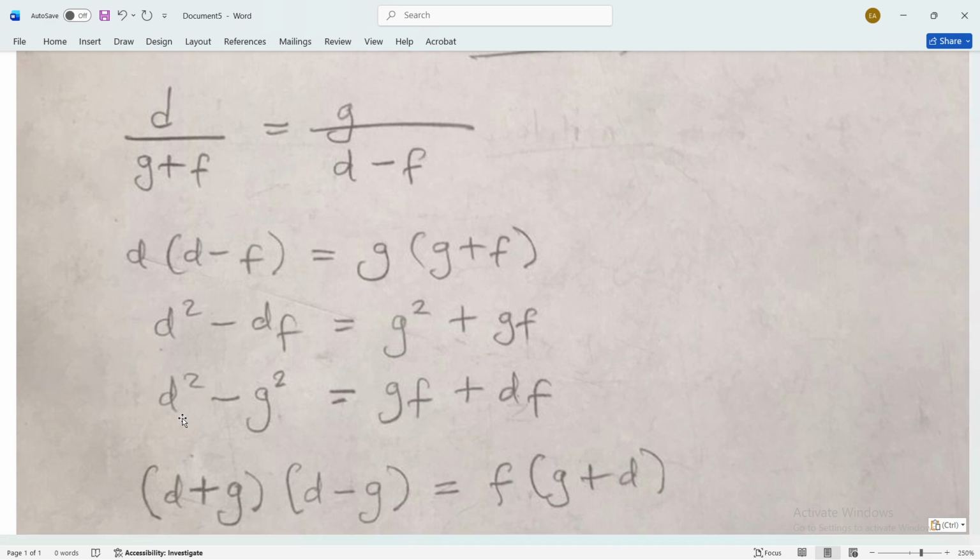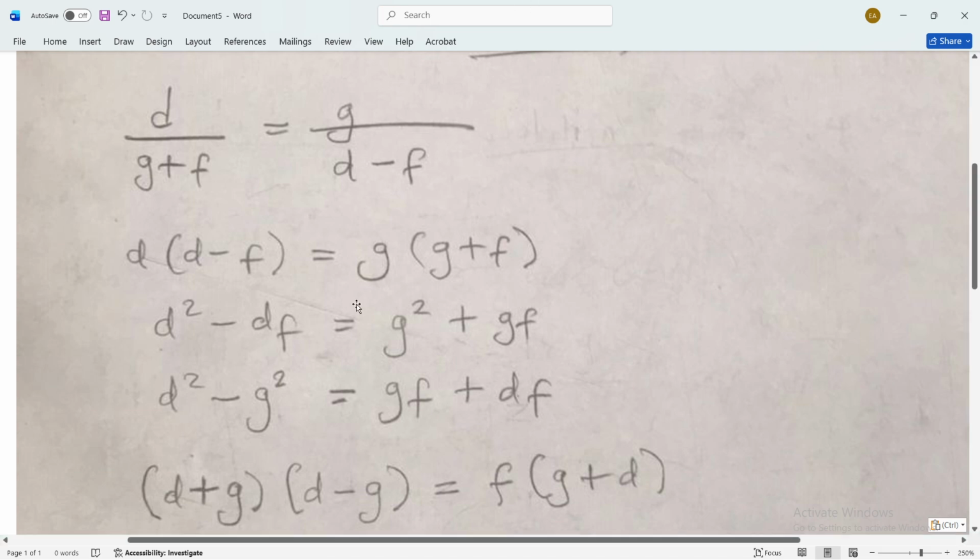Also when we come to our left hand side of the equation, we had d squared minus j squared. That means we are going to find a number of variables that can multiply for us to get d squared, and also to get a negative j square.